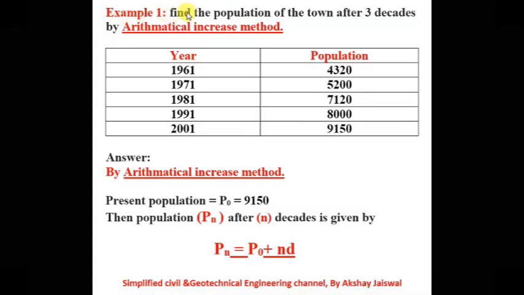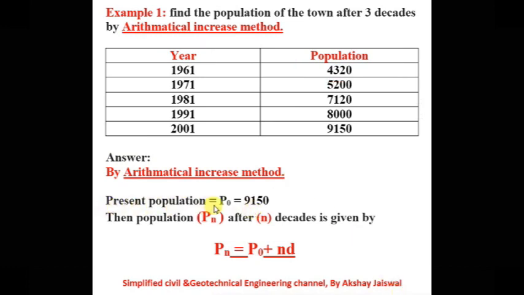Example number 1. Find the population of the town after 3 decades by arithmetical increase method. Year and population are given. Now by using arithmetical increase method, we will solve this example.